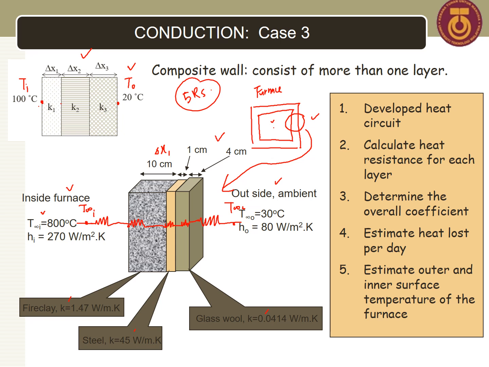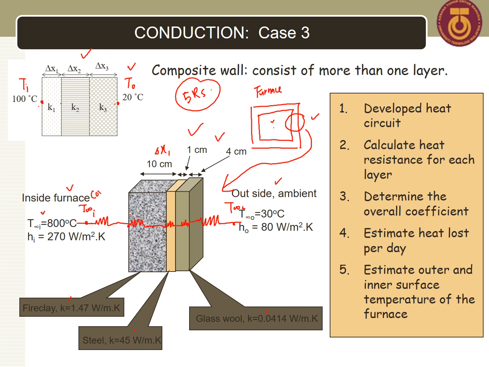But for this case, there are actually two mechanisms. Here from layer 1 to 3 is conduction, but from the air inside the furnace to the surface of layer 1 is actually convection.